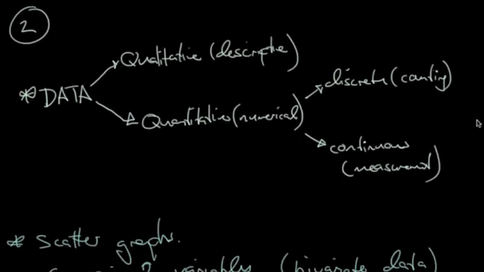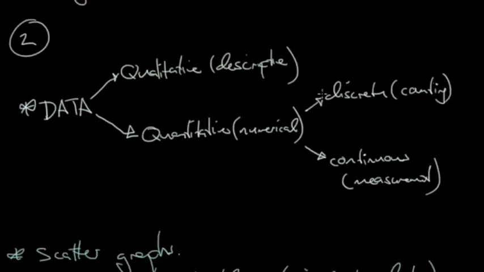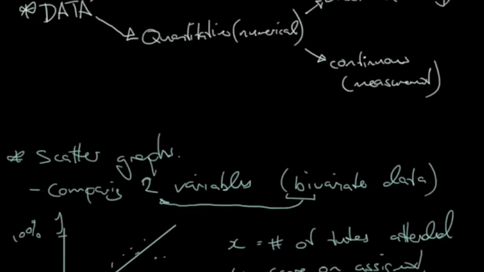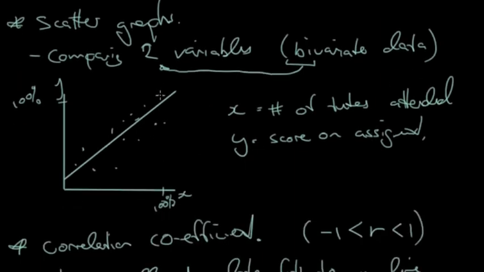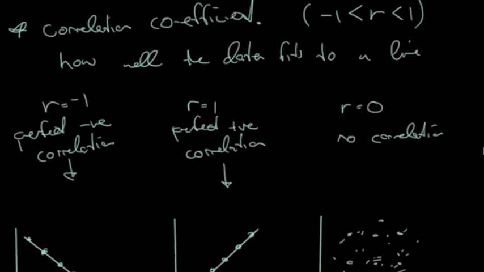And then just a quick look at some data things, at linear modeling, and talked about qualitative, quantitative data, scatter graphs where we compare two variables or compare bivariate data, correlation coefficient, how well does the data fit a line, and I forgot to mention this, we'll be predicting. So there are ways to calculate these things, but we'll just be predicting.